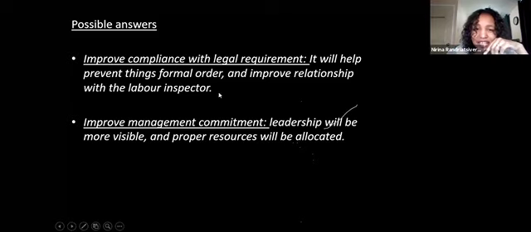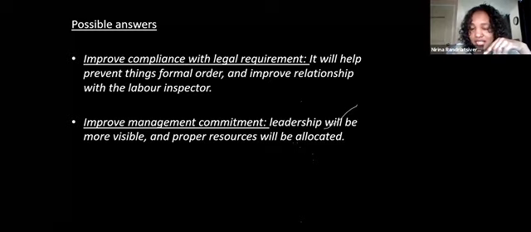This is because in the scenario, the labor inspector went to the site, inspected the company, and it was actually the labor inspector who suggested that the company should have a formal health and safety management system. So one of the benefits would be that the labor inspector will be happy because you followed the advice, and it will improve the relationship.